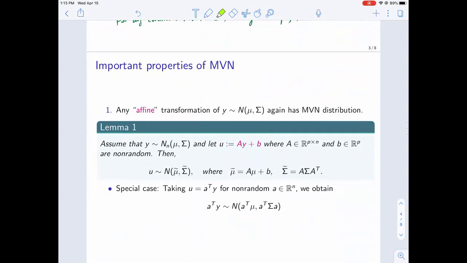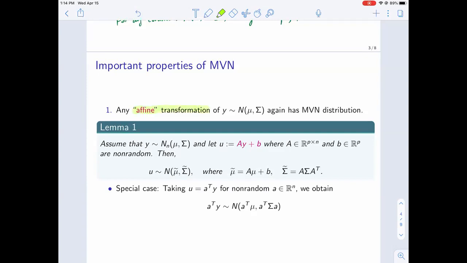We're going to repeatedly use them. The first important property is that any affine transformation of a multivariate normal random vector is again a multivariate normal random vector. So if y has a multivariate normal distribution and I apply an affine transformation to it, then the result is also going to have a multivariate normal distribution. What is an affine transformation?